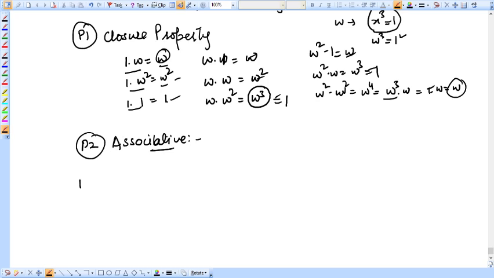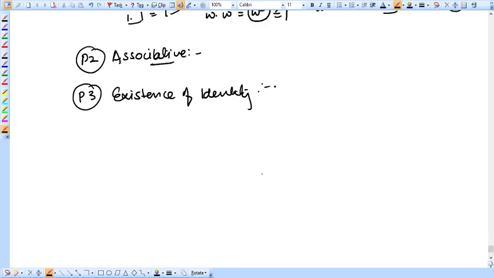Now property 3, existence of identity. You see what could be the identity in this case. The fitting element for the identity in this case could be 1.